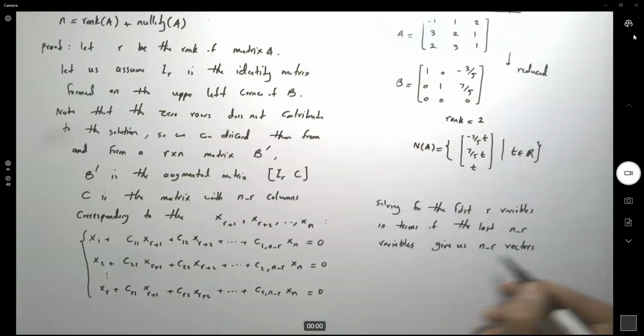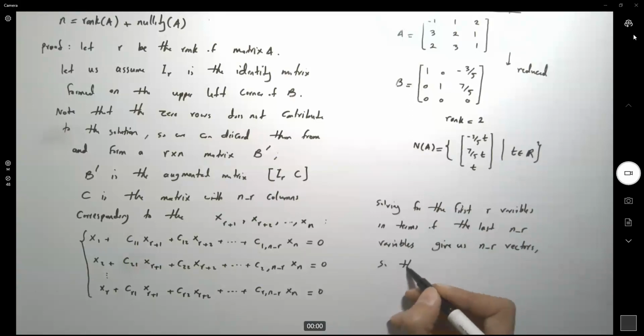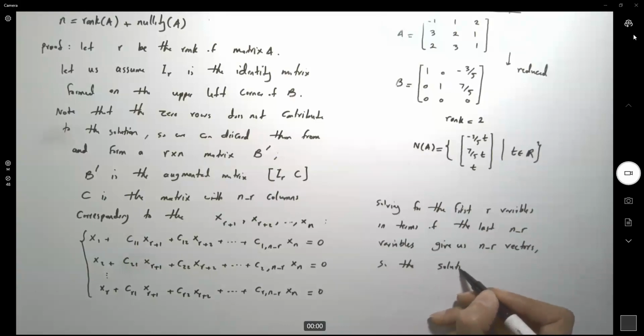So the solution space has n minus r dimension.